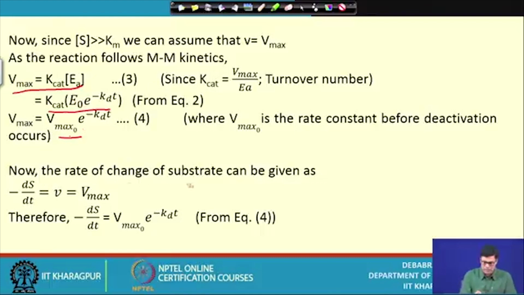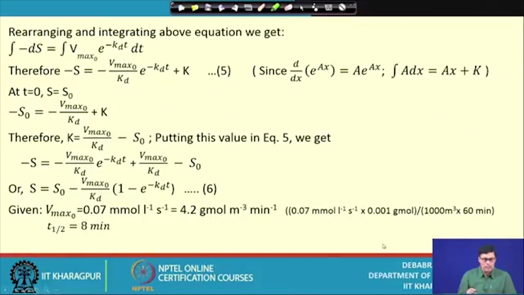Now the rate of change of the substrate concentration can be given like this. If we integrate, minus dS is Vmax0 e to the power minus KD into t dt, and the equation is coming like this.